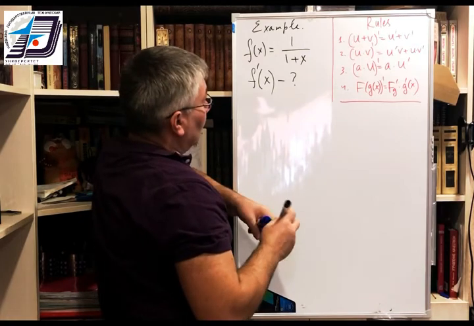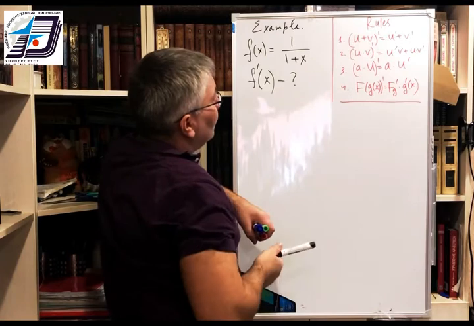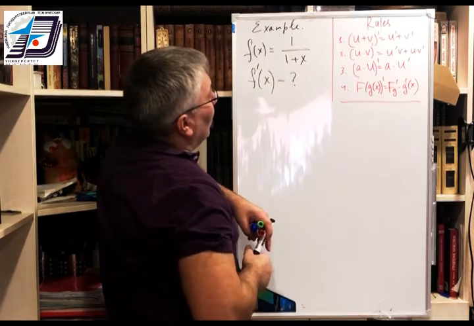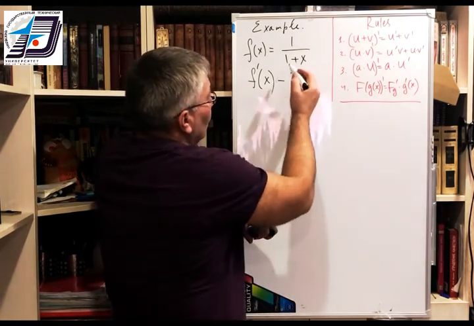The first thing we have to identify is whether it is a composite function or an elementary function. You can notice that we have two operations here.